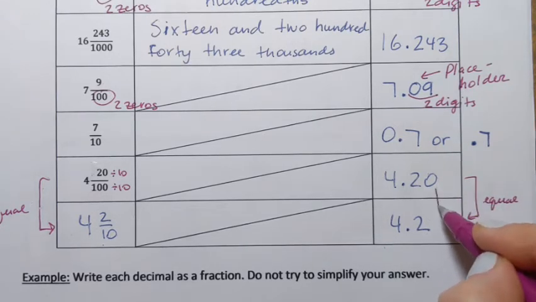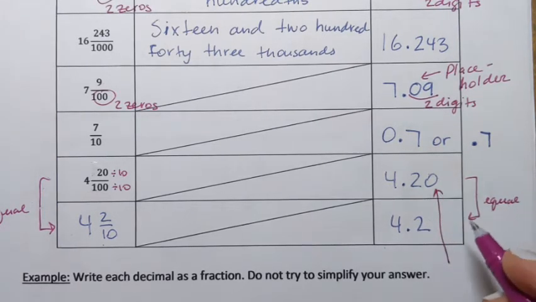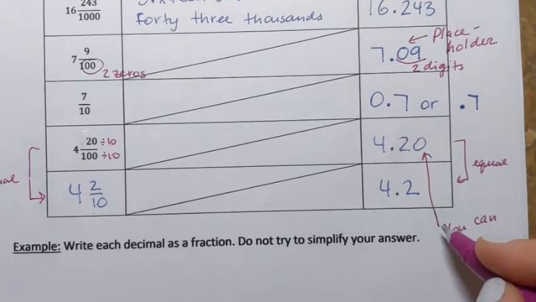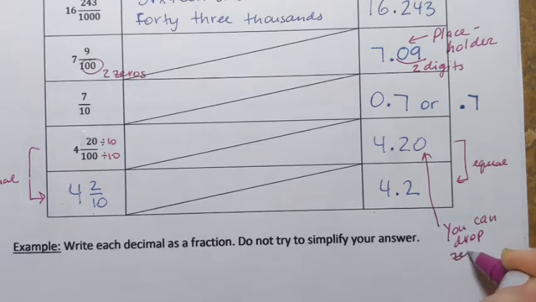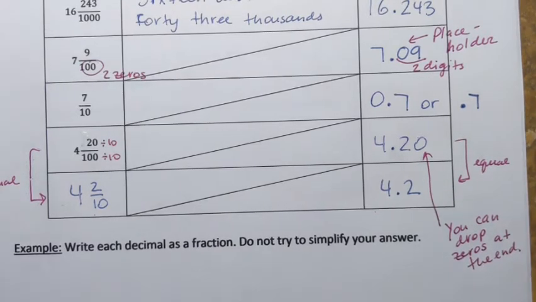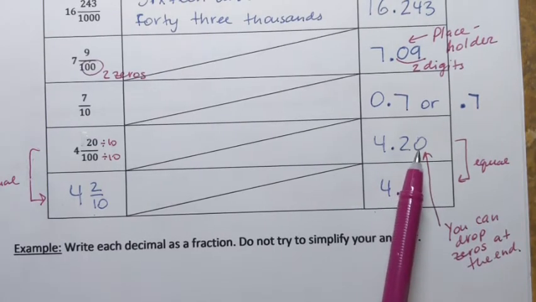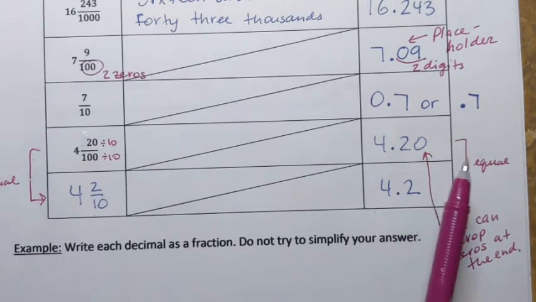So I'll say you can drop zeros at the end of the decimal. So you can always drop 0 at the end of a decimal number.